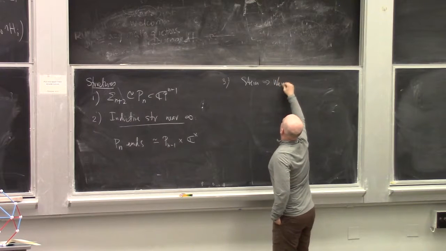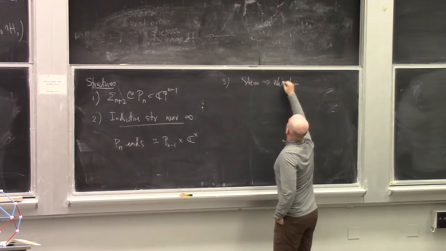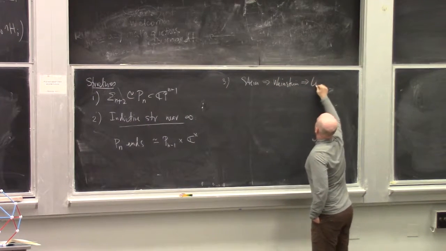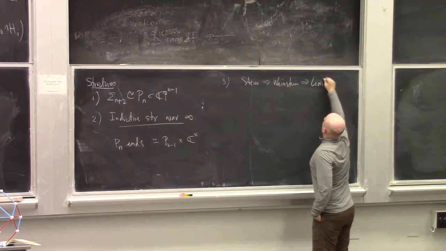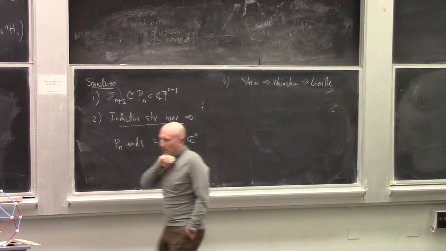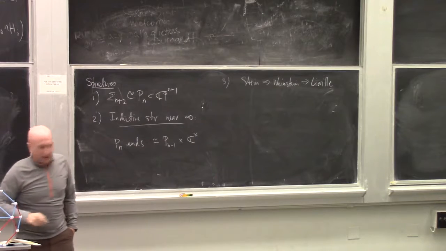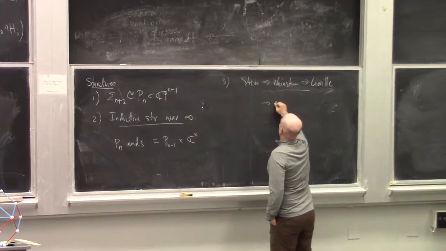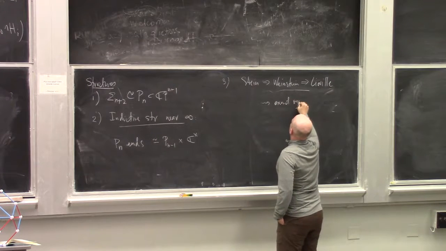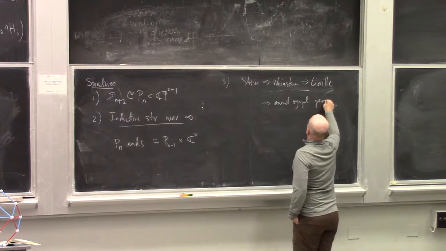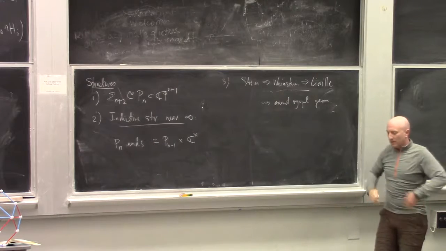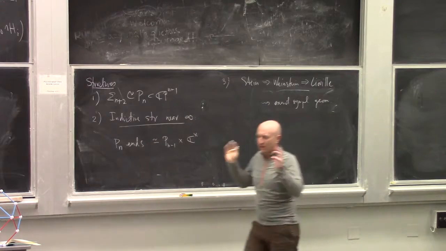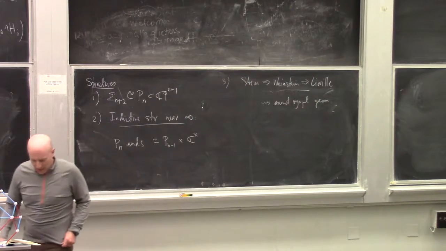In particular, it's Weinstein, and in particular, it's a Liouville manifold. I'm going to be interested in the exact symplectic geometry, which these words tell me is tame enough that I won't go into some sort of craziness.